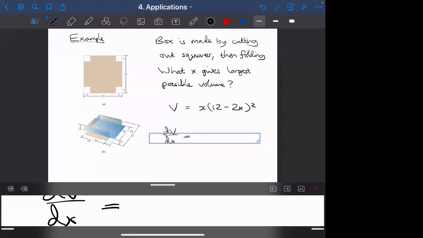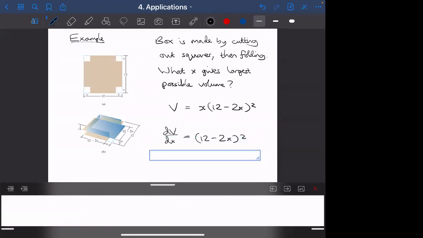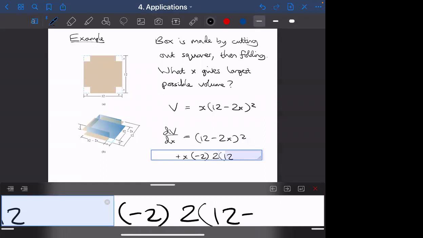So dV by dx, by the product rule for differentiation, is (12 minus 2x) squared plus x times the derivative of (12 minus 2x) squared. So we make that with the chain rule. We get this.